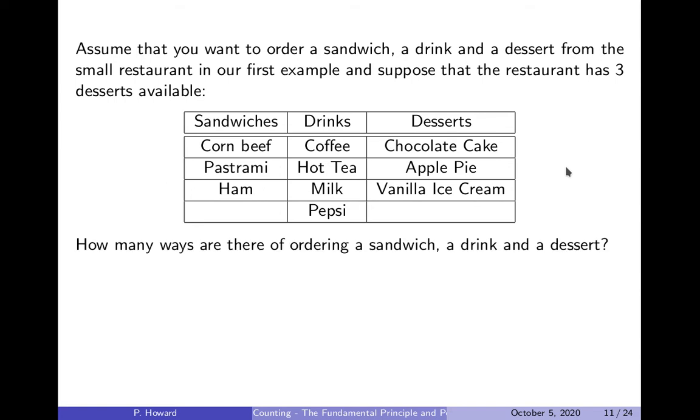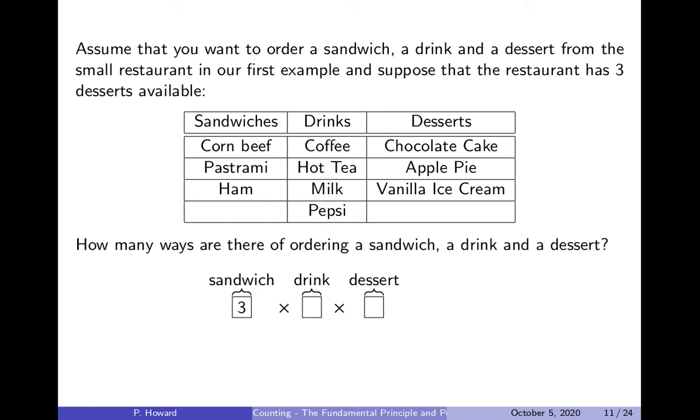How many ways are there of ordering a sandwich, a drink, and a dessert? Well, we are now making 3 choices, one after the other. We're going to order a sandwich, a drink, and a dessert. The first choice, the sandwich, can be ordered in 3 ways.